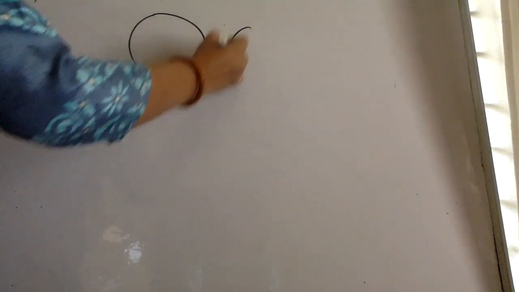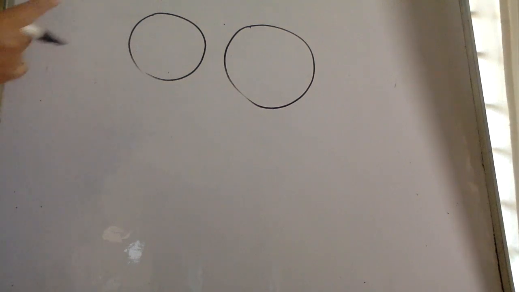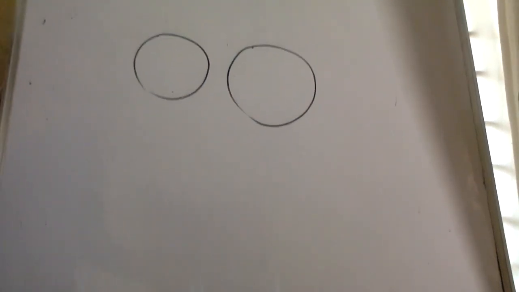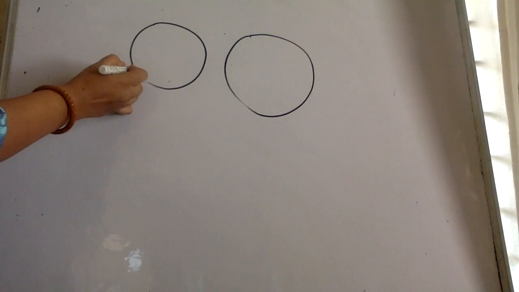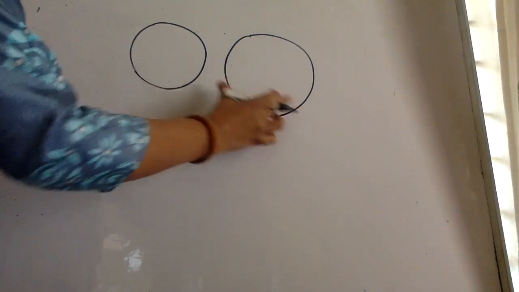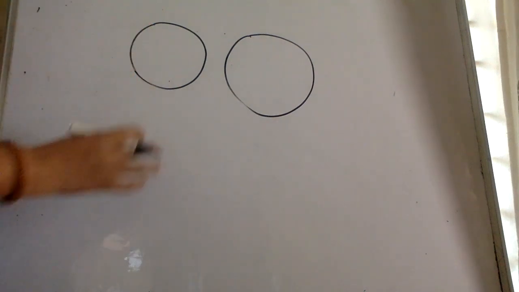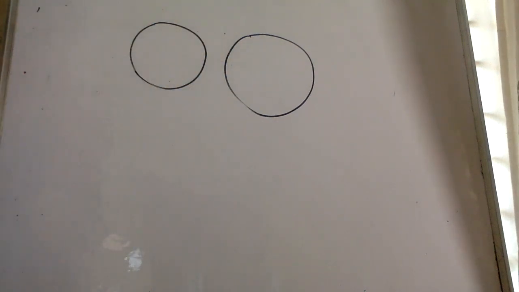Like if we have two circles, the simple meaning of congruence is, assuming you can cut them out of paper, if you can place one circle over the other and it exactly fits over the other, that means they are exactly of the same size.